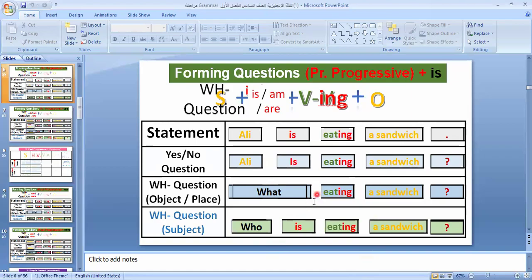Here we have a missing verb. So in this part we are explaining that we must have a helping verb with the main verb. Who is eating a sandwich? When we ask about Ali, I say who is eating a sandwich, or when you ask about what, I say what is Ali eating? I omit sandwich and ask about something that I want to ask about. Let's go to another item here.